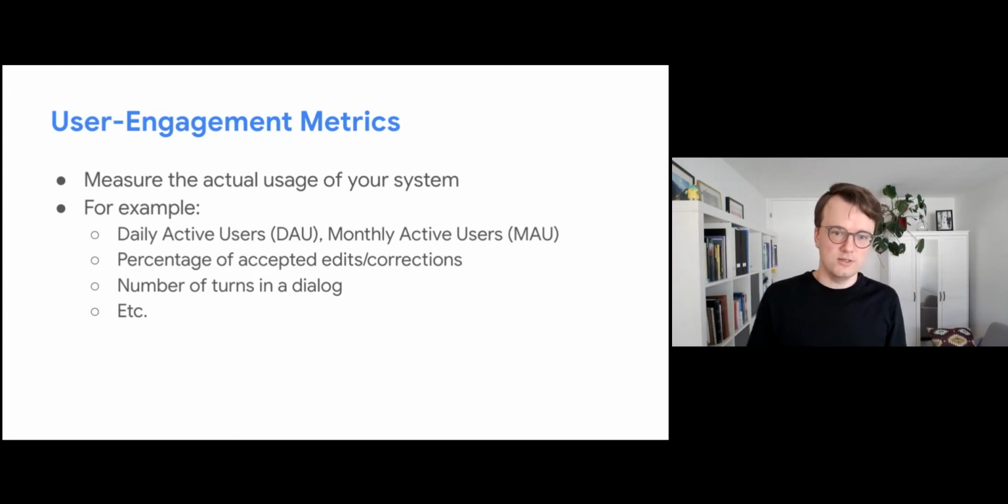But then you have what we already discussed. So you could measure things like how often people accept the suggestions that your model has made. Or you could measure some more indirect things, like if you build a dialogue system, you could measure how long the dialogues are on average, which can be tricky on the other hand, because on one end, if the dialogues are long, it maybe suggests that the tool you built is engaging and humans like to use it.